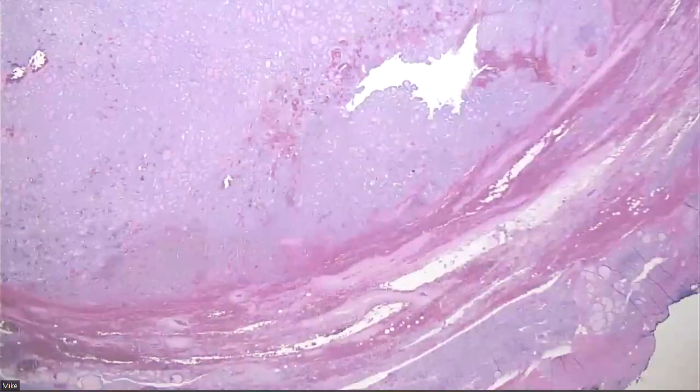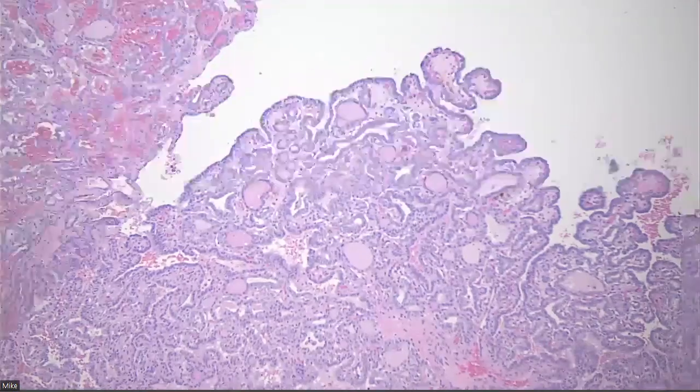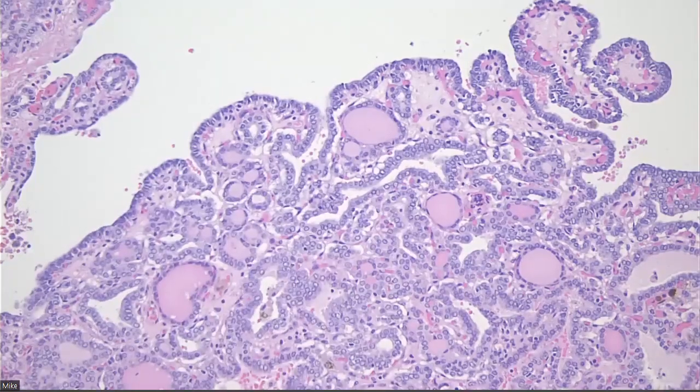What I'm skeptical about is I've seen cases that look like this where they have papillae, but the cores aren't tight, right? The cores aren't small, the cores are wide. And within the core are actually other follicles. So to me, I don't know if these are true papillae or just septations, right? That are geographic and there are folds into the lumen.